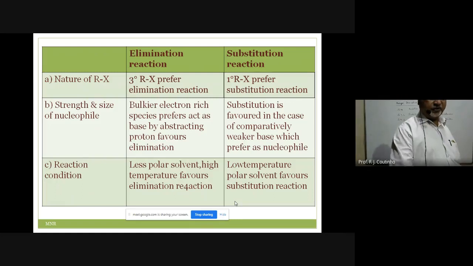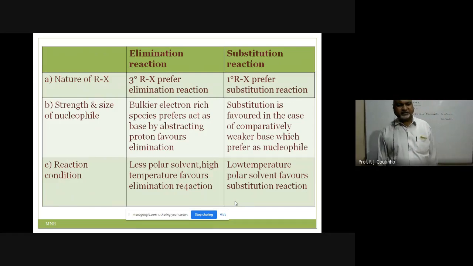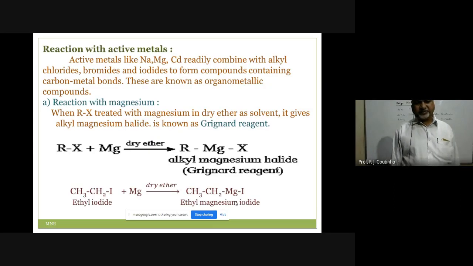Regarding the strength and size of the nucleophile, in elimination a bulkier electron-rich species prefers to act as a base by abstracting protons, favoring elimination, whereas substitution is favored by a comparatively weaker base, which acts as a nucleophile. In reaction conditions, less polar solvents and high temperature favor elimination reactions, whereas for substitution, lower temperature and polar solvent favor substitution reactions. So these are things to remember.